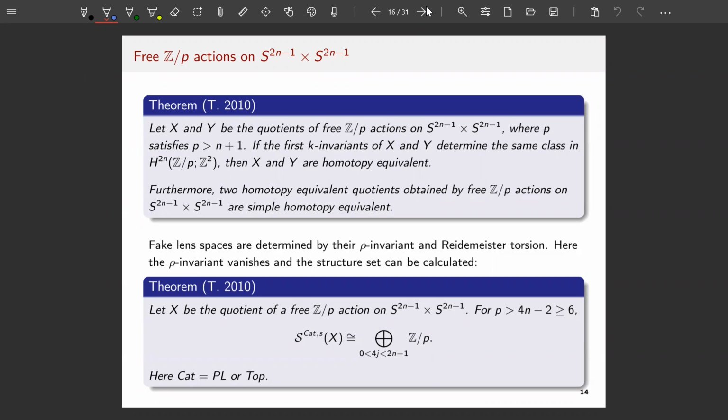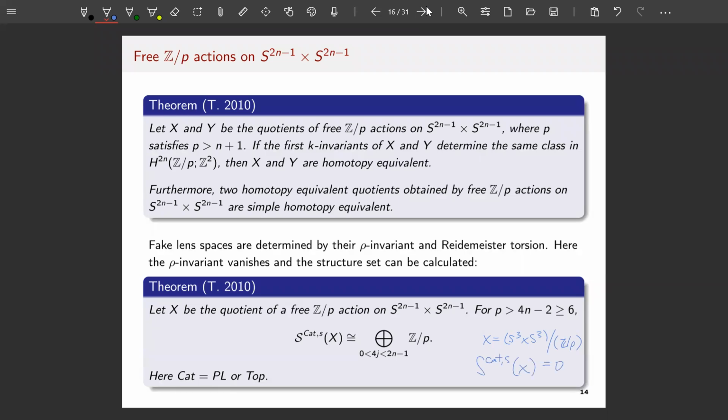I do want to say, since the p-torsion is only in degrees of 4 between 0 and the middle dimension, that 2n minus 1, you get things like, and I'll write it here, that if we're looking at S^3 cross S^3 mod a Z mod P action, then the simple structure set is 0.